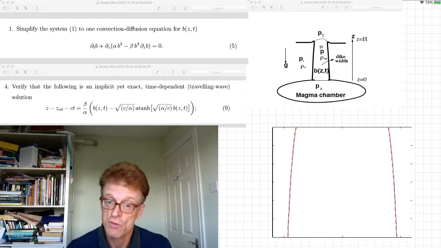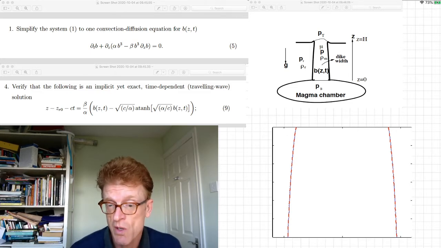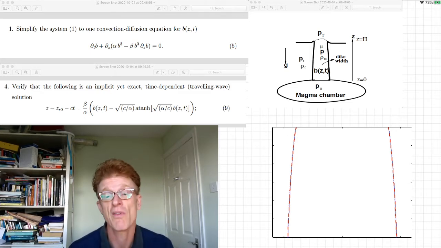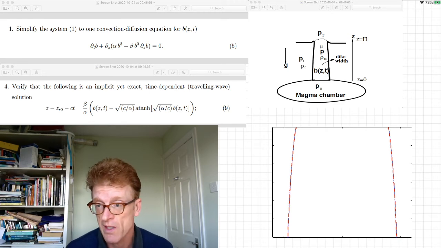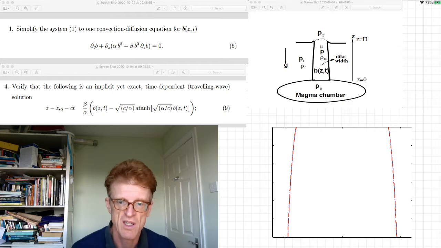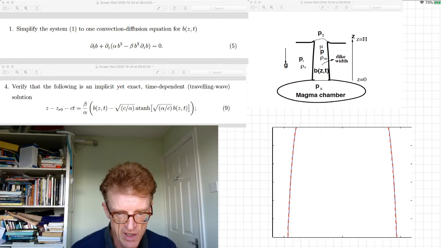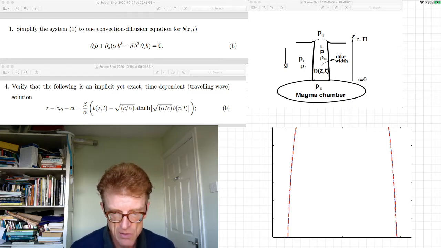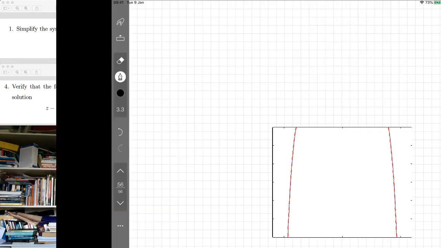So in the end, the numerical solution catches up once the front has marched through, and the magma has erupted at the surface. Well, this was just an introduction. Let's go to the actual lecture.